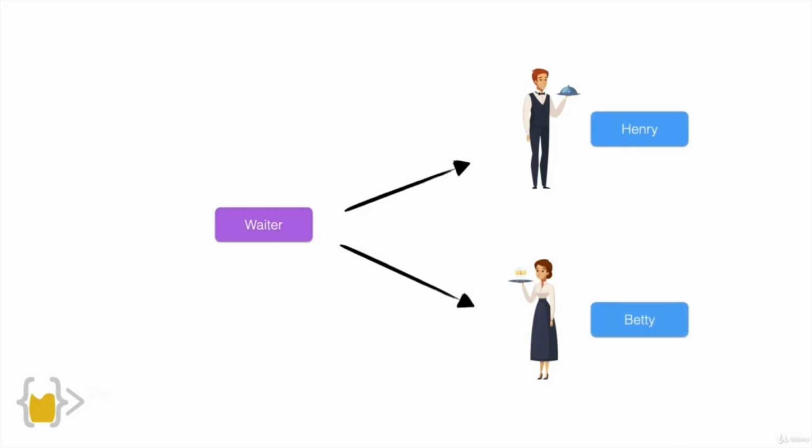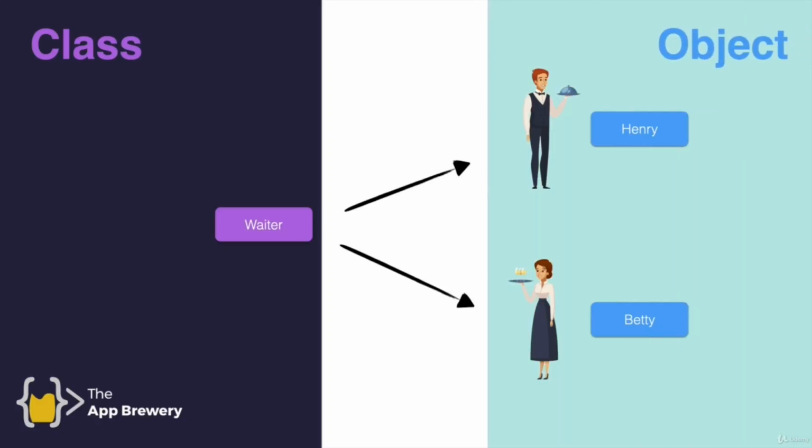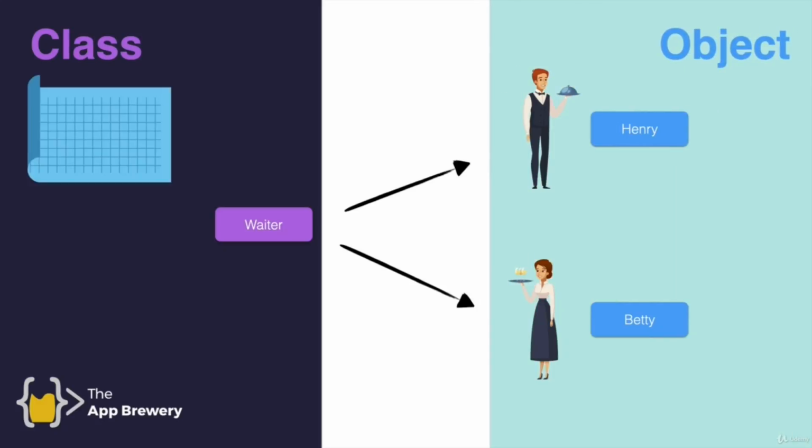And we can generate as many of these as we want from the same blueprint. And in OOP, we call this blueprint or this type a class. And we call these individual objects that are generated from the blueprint an object. So now let's take a look at how we use these class blueprints to create an actual object.